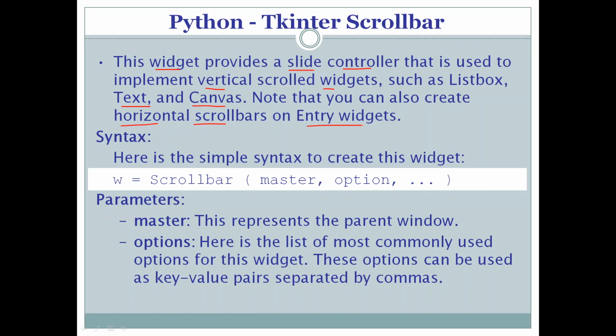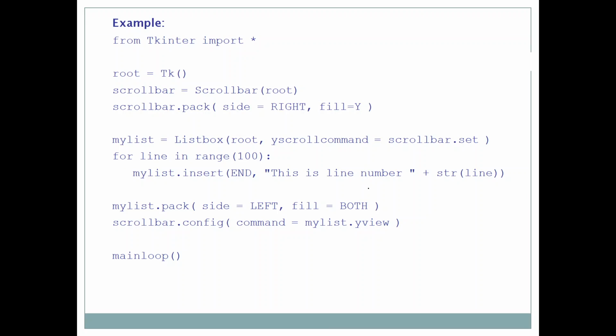So we can create vertical scroll bars on widgets like list box, text and canvas, and horizontal scroll bars can be created on widgets like entry widgets. Now the syntax to create a scroll bar widget is simple like the other widgets. We have the object w, or any other name, equals Scrollbar, then the parameters master and options. Let us go through an example.